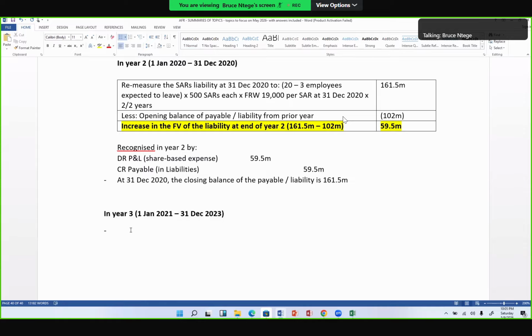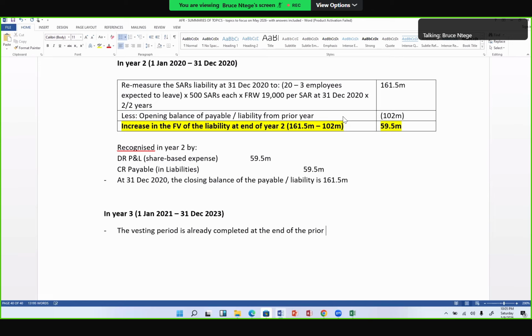So we shall say here that the vesting period is already completed at the end. So none of the employees is still working to qualify.